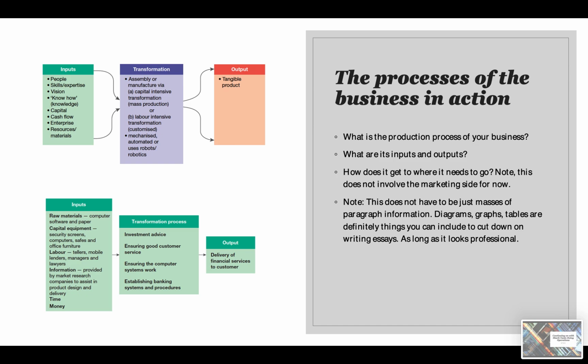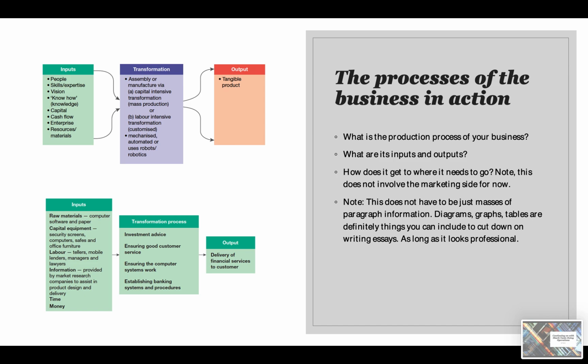Now, this one is where it starts to get maybe a bit more complicated, okay? In which it's what is the production process of your business, okay? And if you go into your readings, it will tell you the different types of production processes, okay? And we've also looked at some of these things in regards to the previous section that we did in regards to the batch production, things like that, okay?